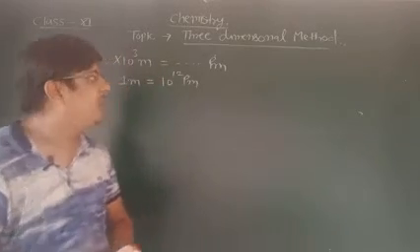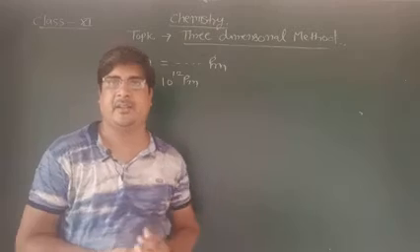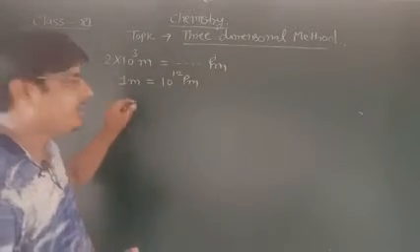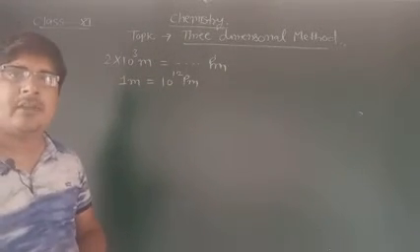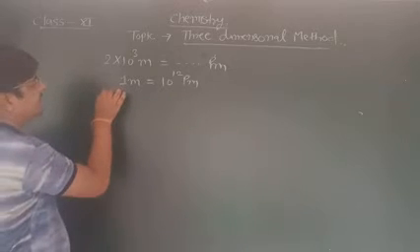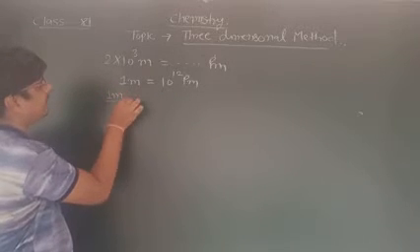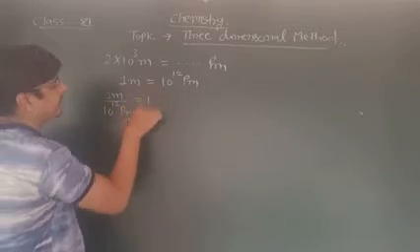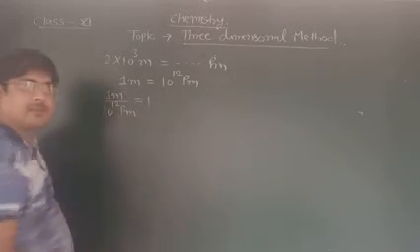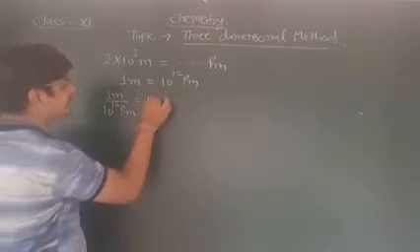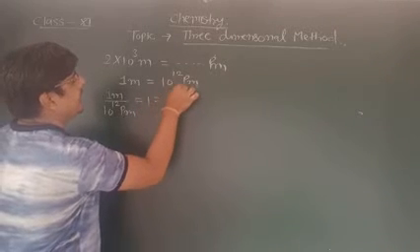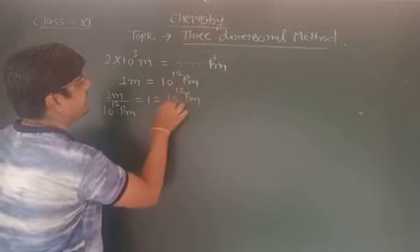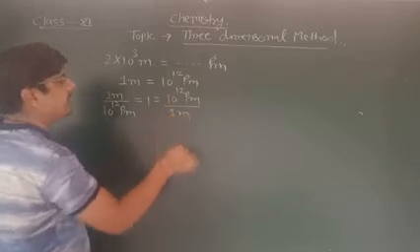So first, according to the three-dimensional method, write it in unit form: 1 meter upon 10 to the power 12 picometer is equal to 1, which is equal to 10 to the power 12 picometer upon 1 meter.